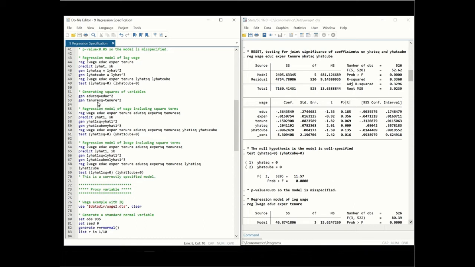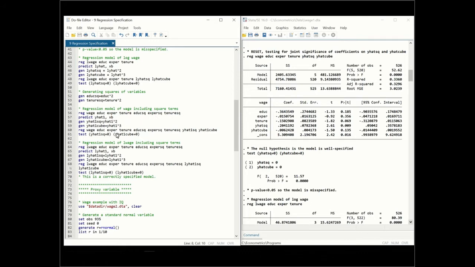Then I will generate education squared and tenure squared for a couple of the variables. And now I will also test the regression where I have not just the straight terms, but also the square terms.